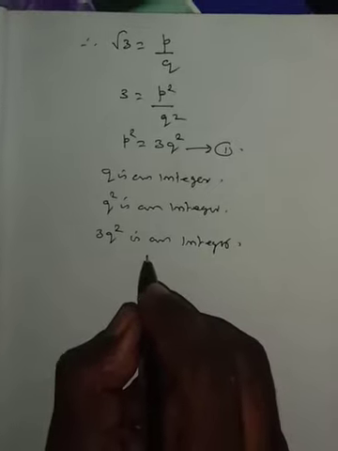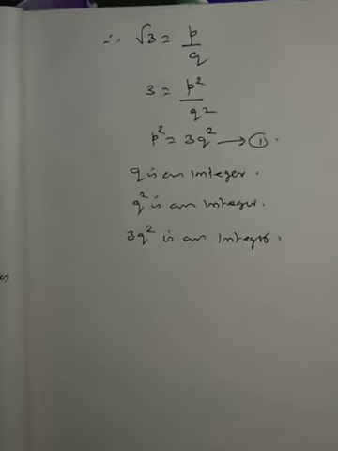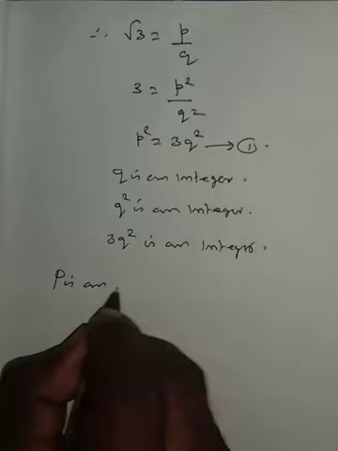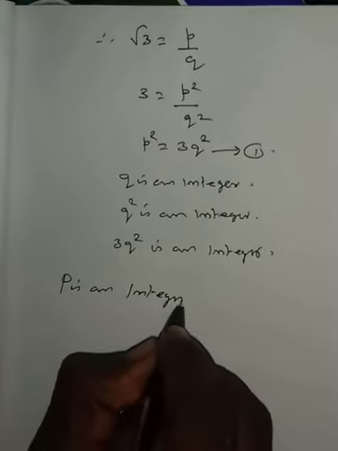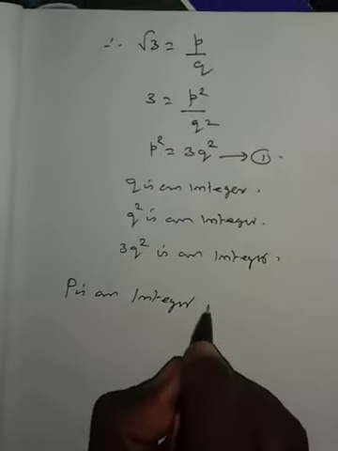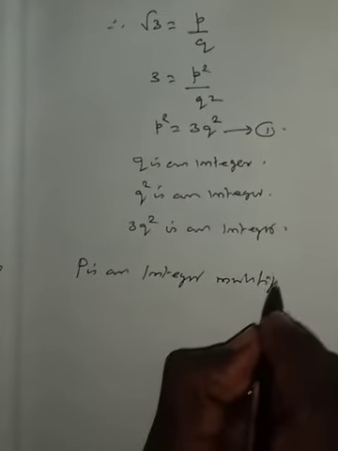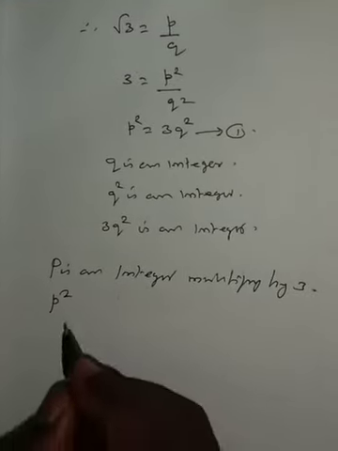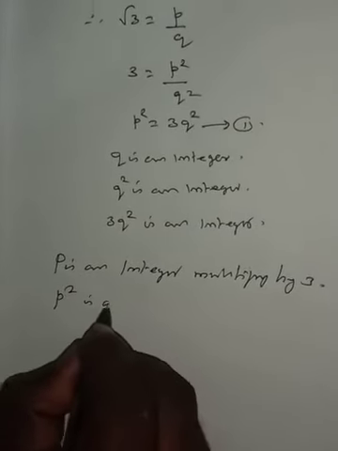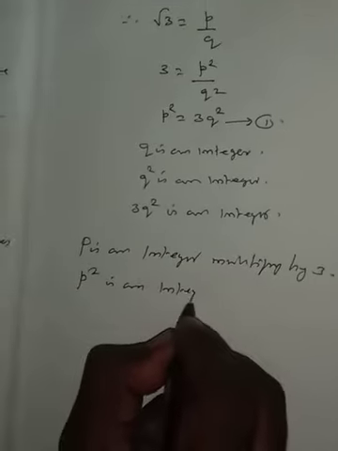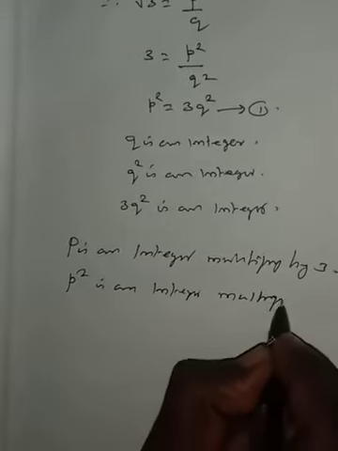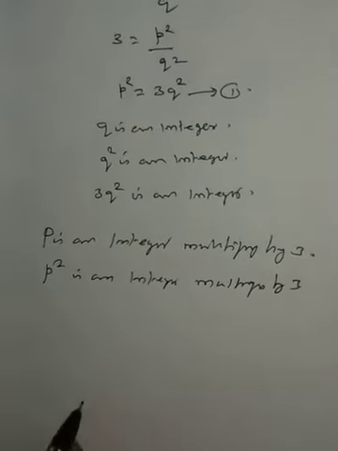Now p square is an integer multiplied by 3.